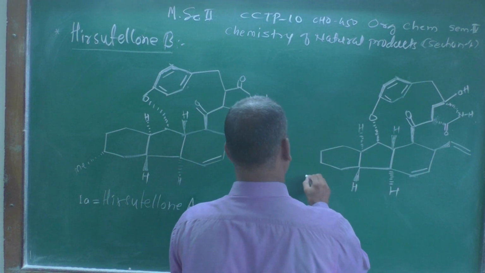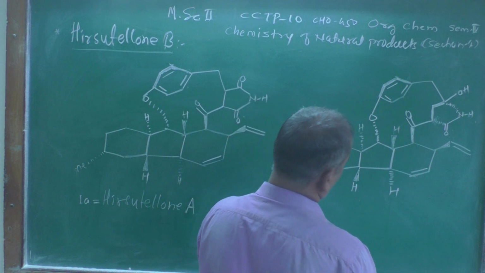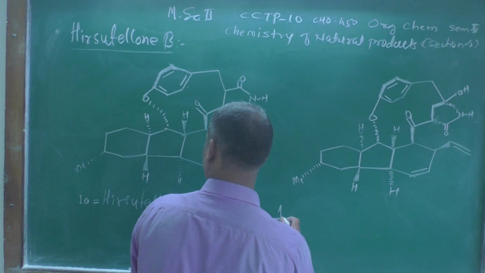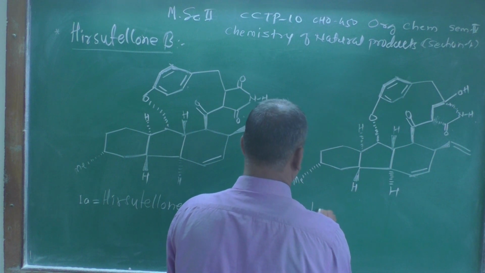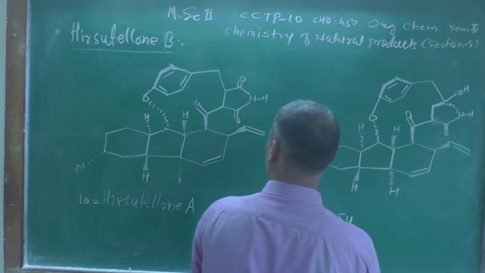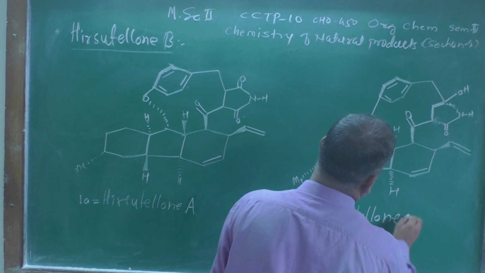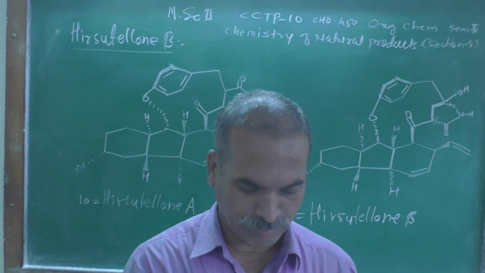Now here once again is a methyl group, and this is a structure of 1B we can call it, known as Hirsutolone B. This is a structure of Hirsutolone B.